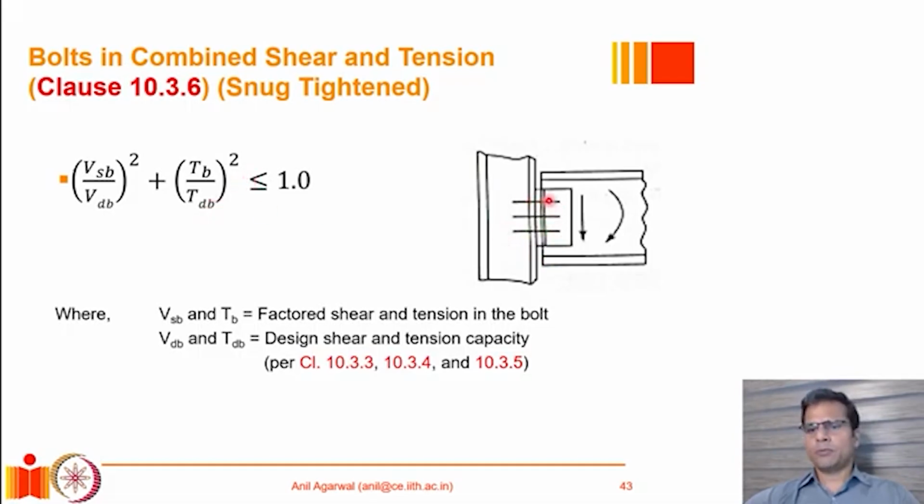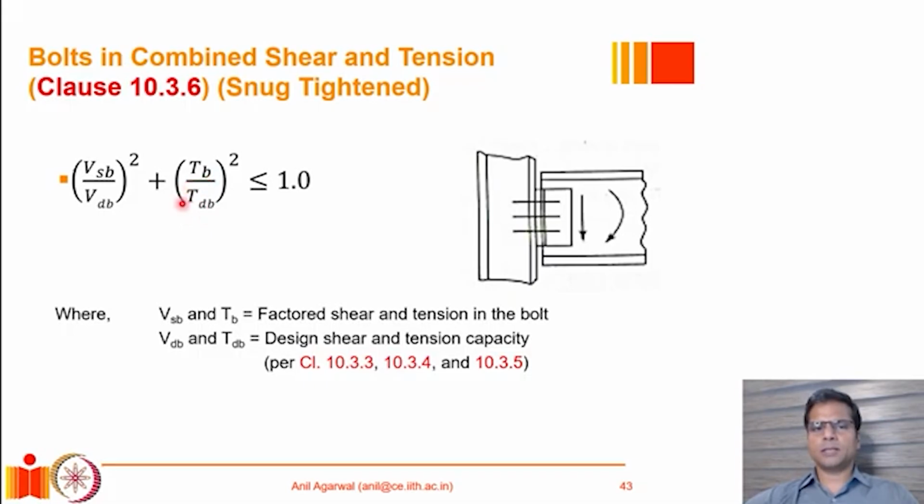Anyway, for such bolts which are subjected to a combination of shear and tension force demand, there is an interaction curve. This interaction curve basically has an elliptical shape, which is given by this equation. Essentially, this expression tells us that we will calculate the shear force demand, which is given by V_sb. This is the factored shear force demand, and the shear capacity is given by V_db. Likewise, we calculate the tension force demand and tension capacity individually.